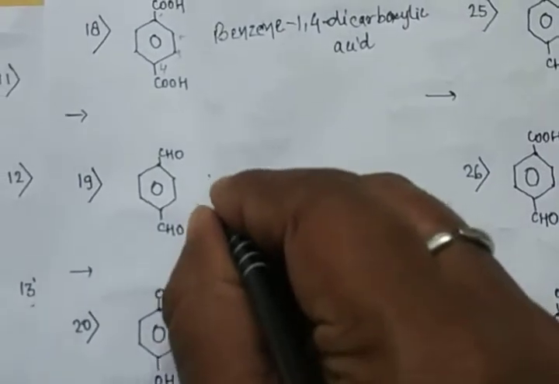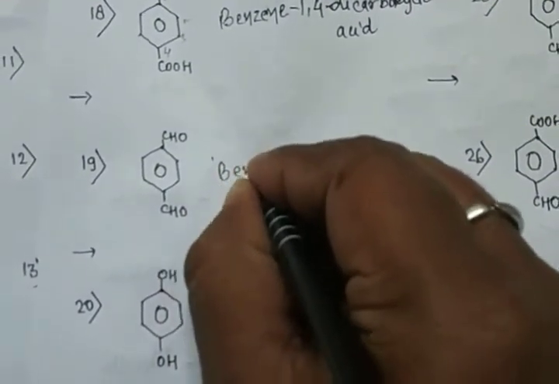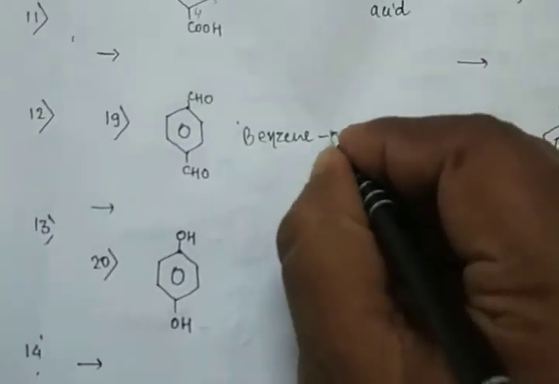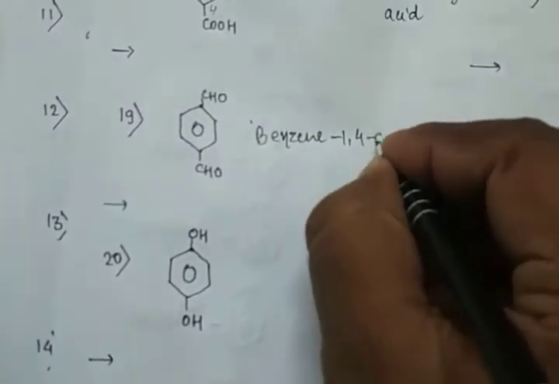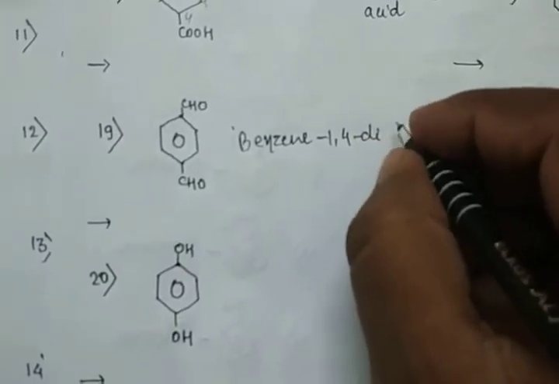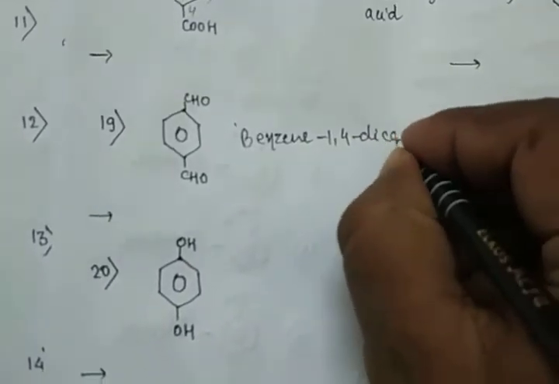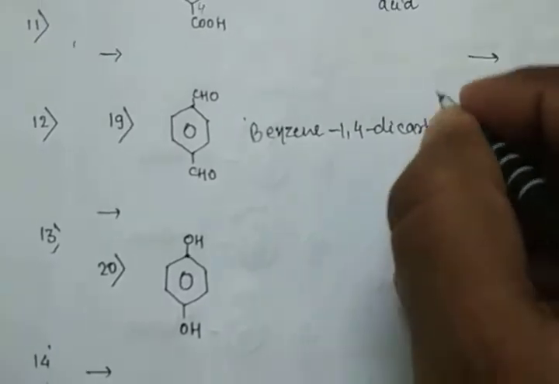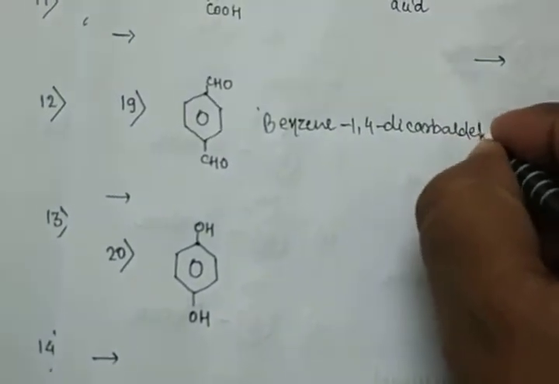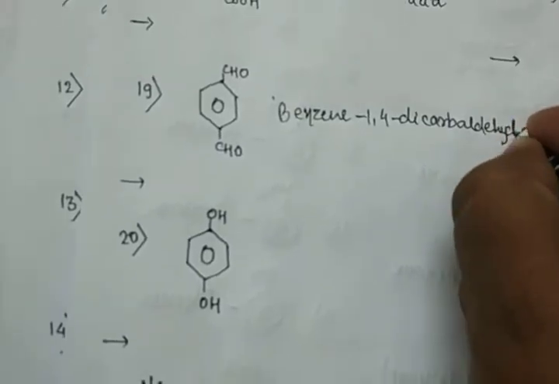Benzene-1,4-dicarbaldehyde. Yes, CHO is directly attached with benzene, carbaldehyde.